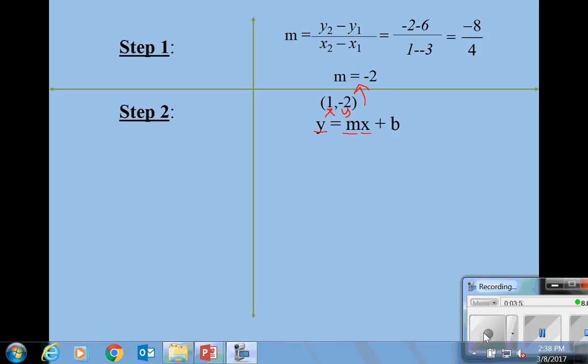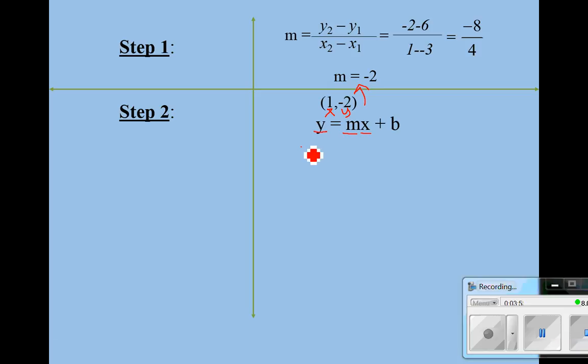When you substitute, you get negative 2 equals negative 2 times 1 plus b. So negative 2 equals negative 2 plus b. So we would add 2, and 0 equals b. Now we have m and b.